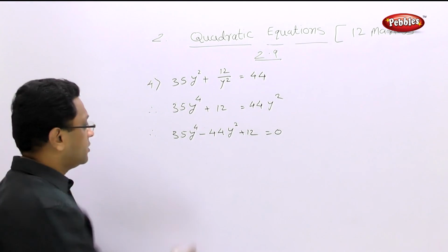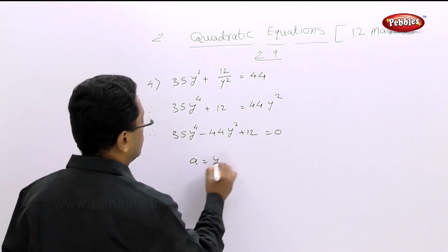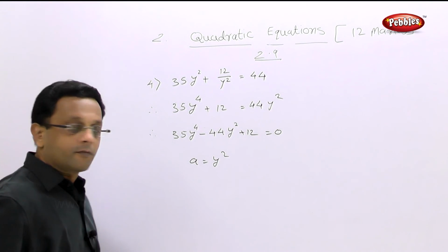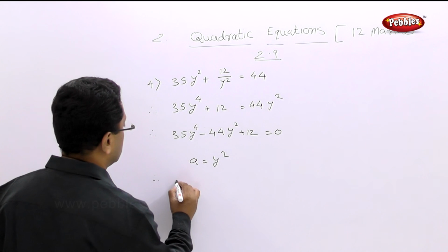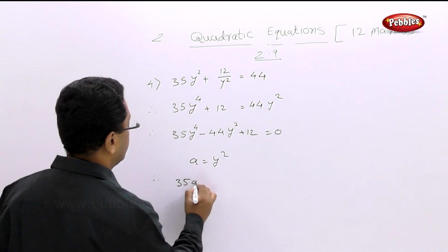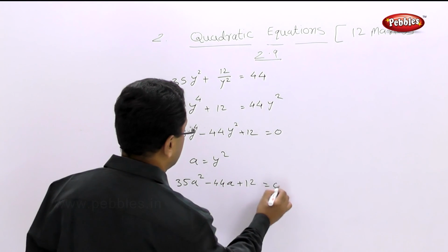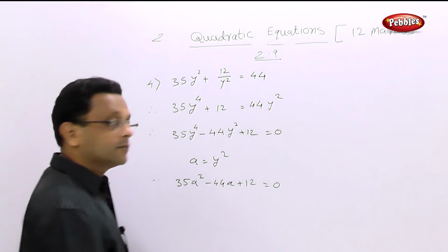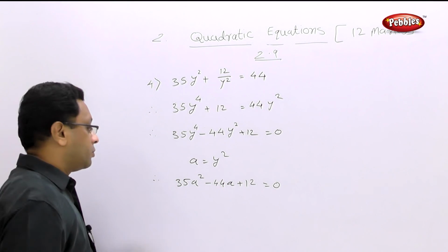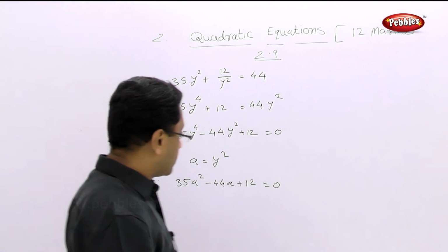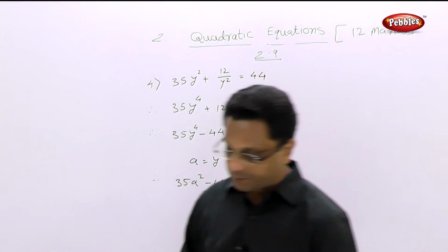The rest is easy. I will substitute a is equal to y square. So I will get 35a square minus 44a plus 12 equal to 0. Pause your video, solve this quadratic equation and find the value of a.